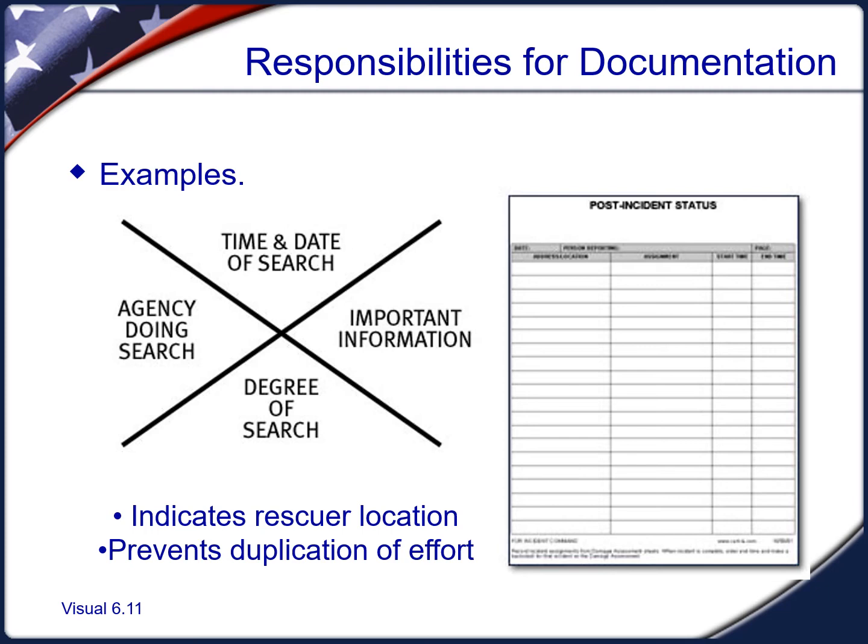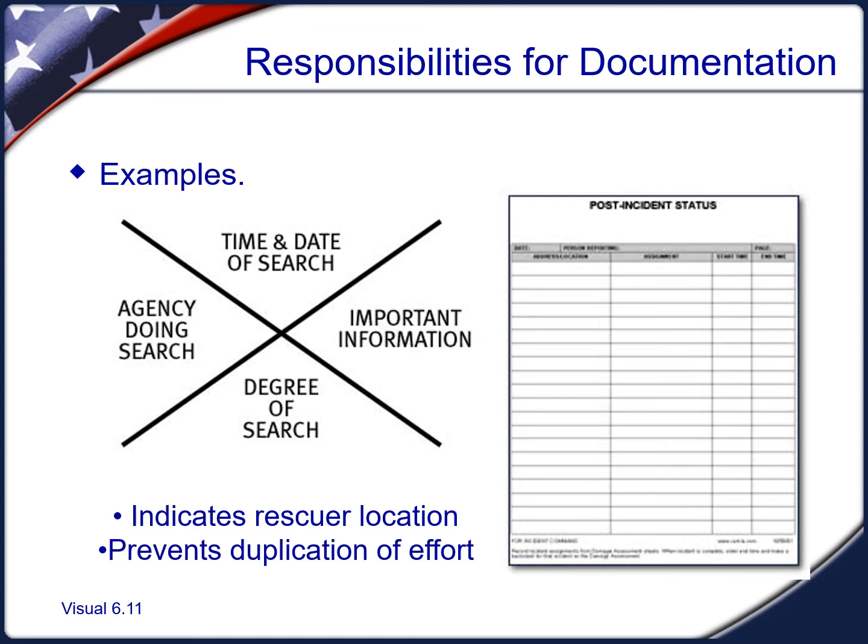They'll put down the agency doing the search, the date and time of the search, and the degree of the search, whether it was the first, second, or third time the house was searched, and any important information, such as whether they found someone in there or no one was found in the house. Any important information will be posted on the right side of the X.